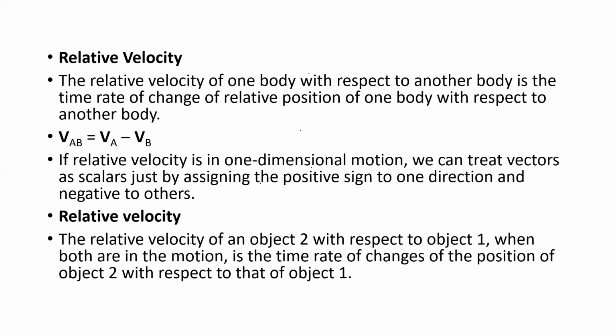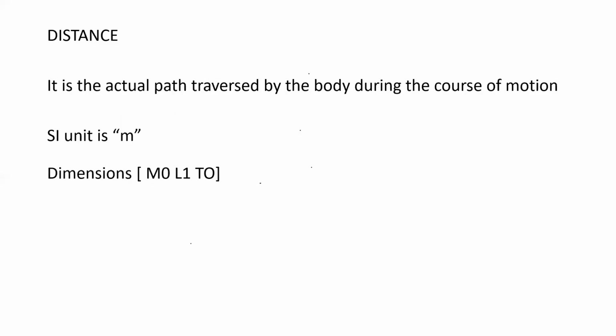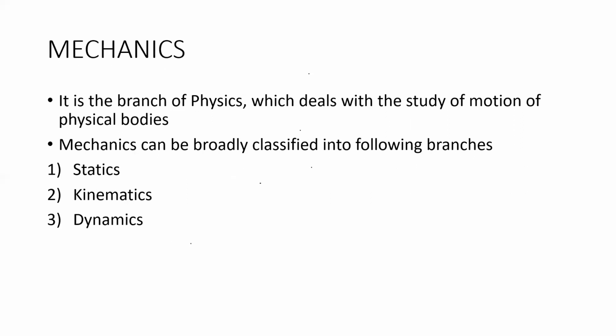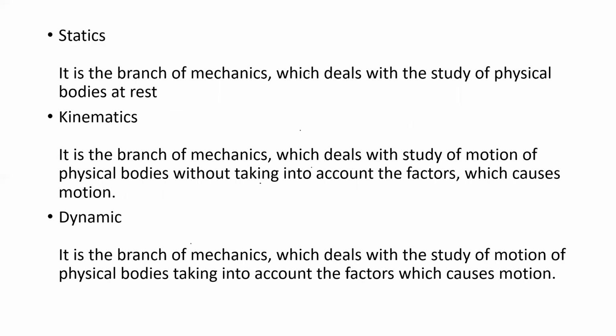Okay, so in today's class, we have discussed motion in a straight line. We studied rest and motion, which can be studied by the branch called mechanics. In mechanics, we have three types: statics, dynamics, kinematics.